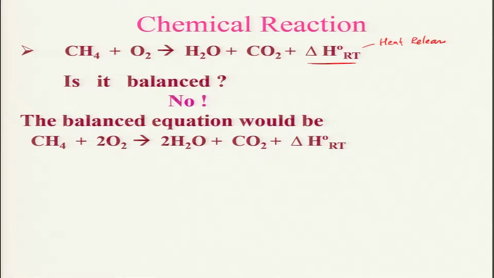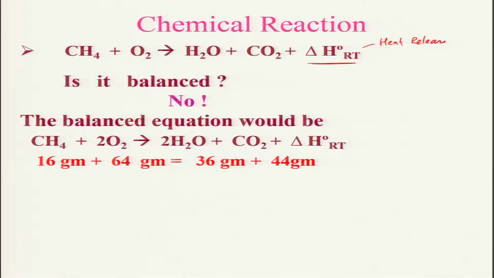So, whether it is balanced or not, how will we know? For example, 1 mole of methane means 16 grams of methane is reacting with 64 grams of oxygen, and it is giving rise to the product 36 grams of water and 44 grams of carbon dioxide.